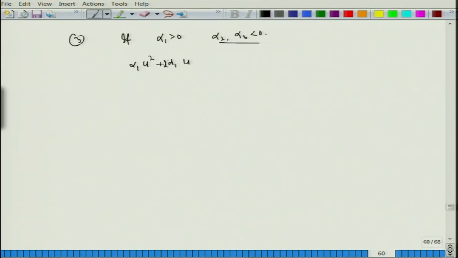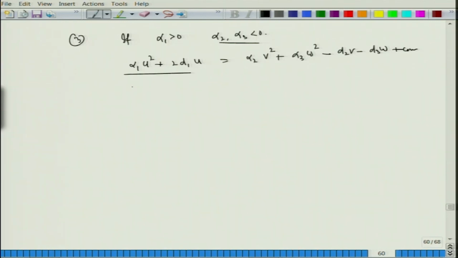I think I wrote 2d, whatever I write, 2d1 u. So, I can put alpha 2 on the other side, alpha 2 times v square plus alpha 3 w square, or minus whatever it is, minus d2 v minus d3 w plus constant here.